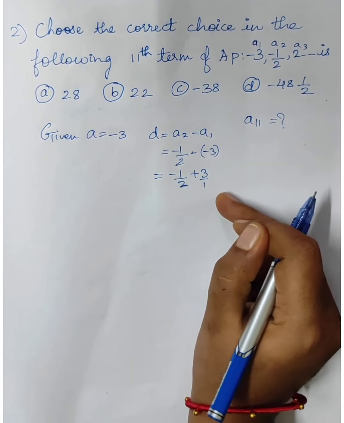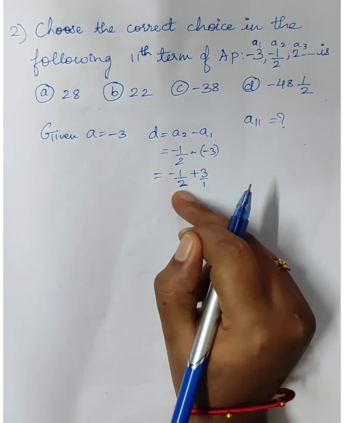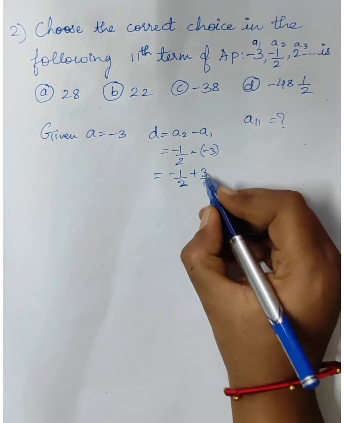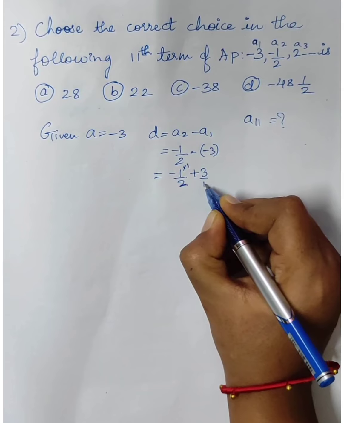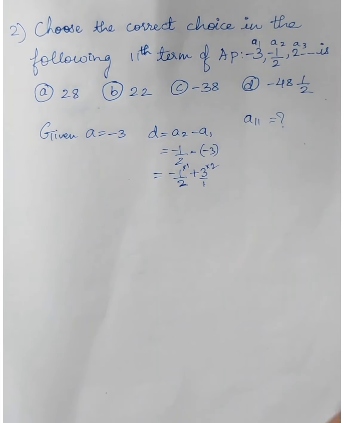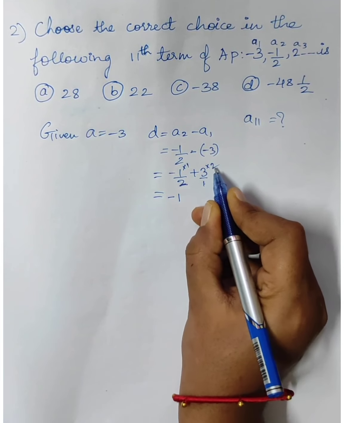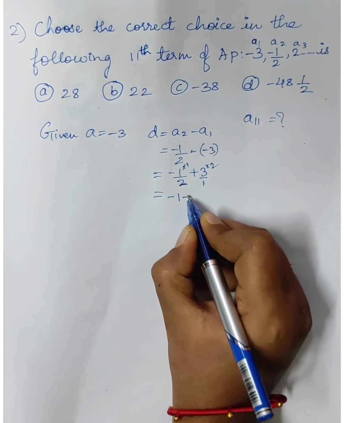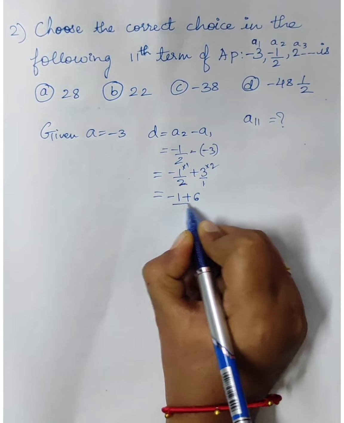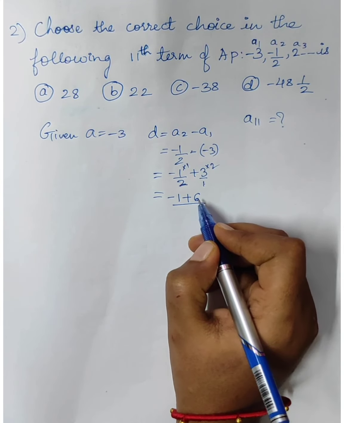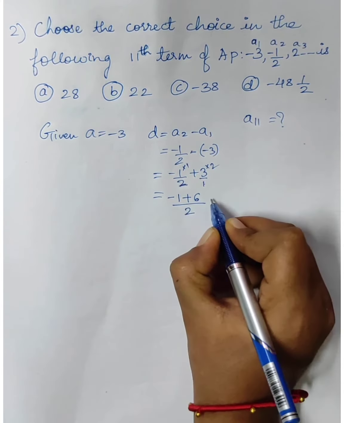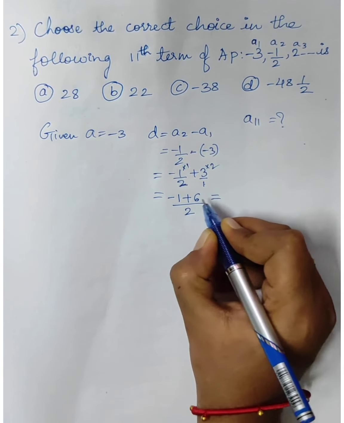So what will be the LCM? You know how to find the LCM. The LCM is 2. So 2 ones are 2, then minus 1, and 3 times 2 is 6, so plus 6, divided by 2. What value do you get?